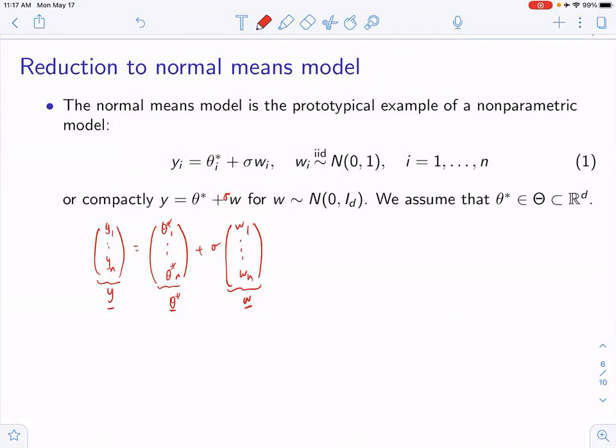Does anyone remember what some surprising results about this model were, that you worked out in your homework problems in 200B? Even without any assumptions on theta star, there are some things that one can say if you look at the quadratic loss. Anyone remembers?